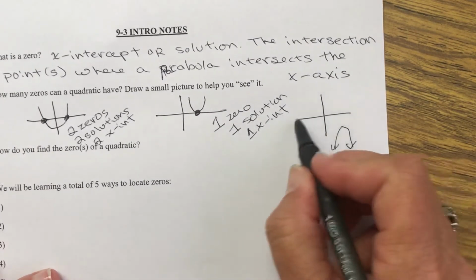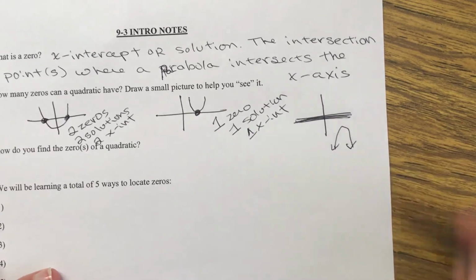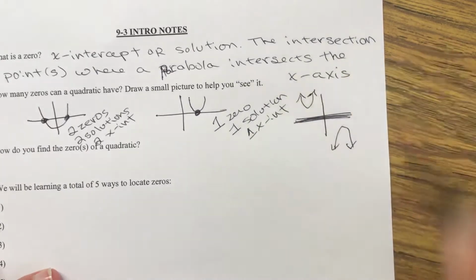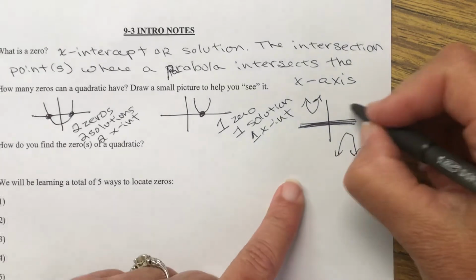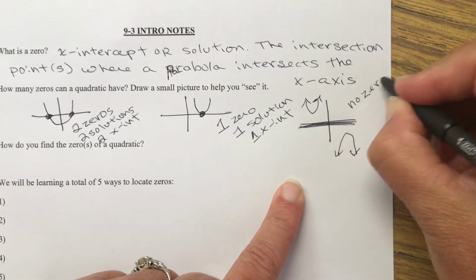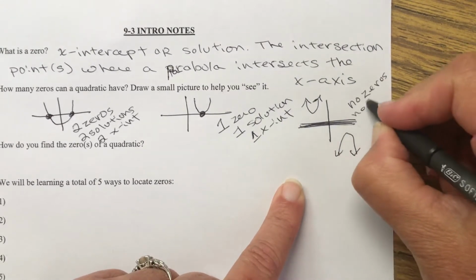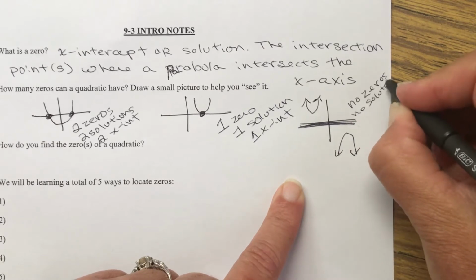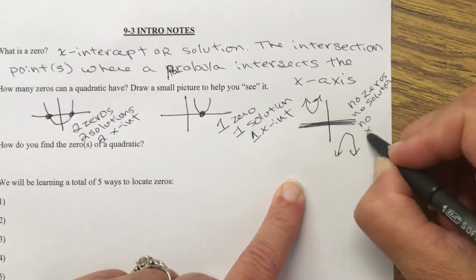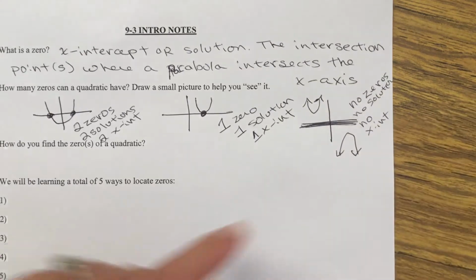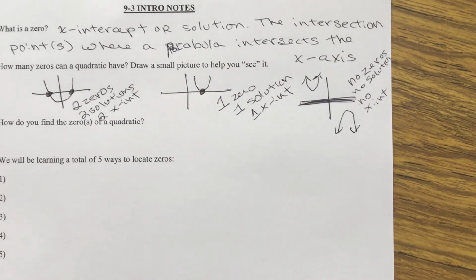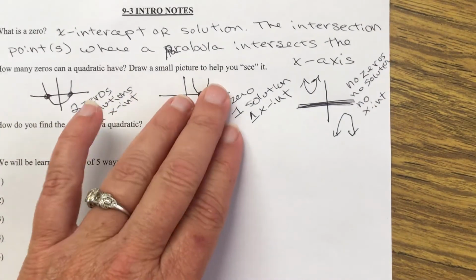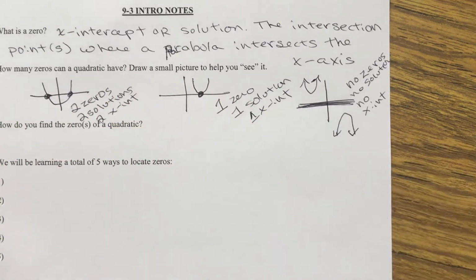That one would never cross this x-axis. Neither would one that goes this way. So these would have no zeros, no solution, or no x-intercepts. So I just want you guys to know that there could be 2 answers, there could be 1 answer, there in fact could be no answer.